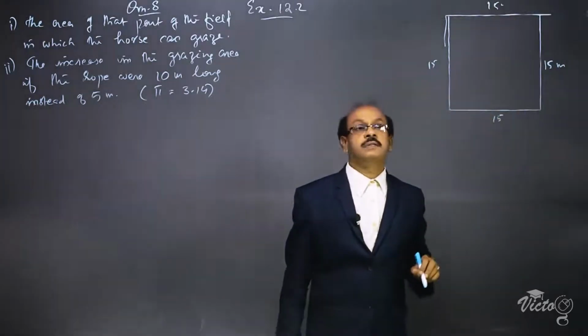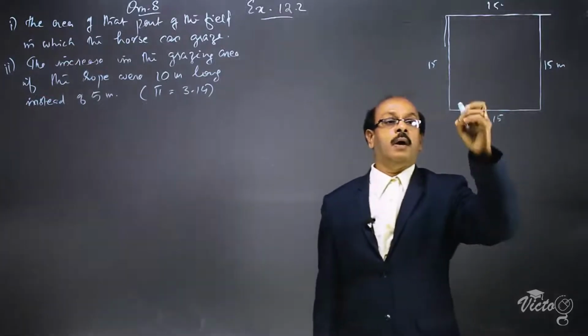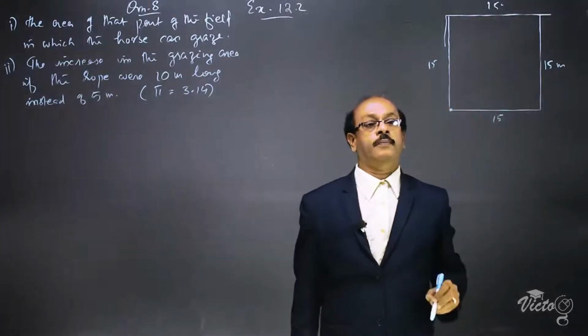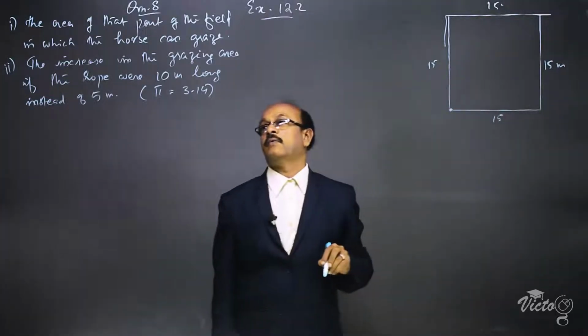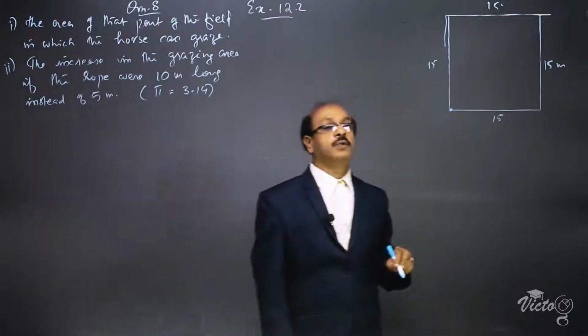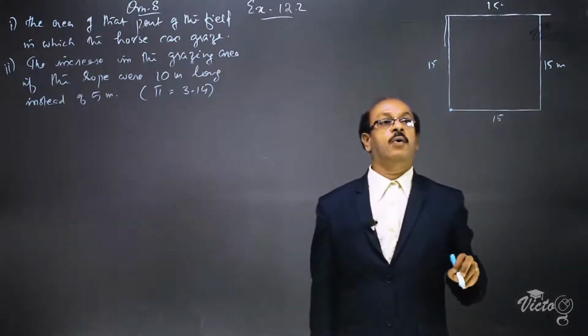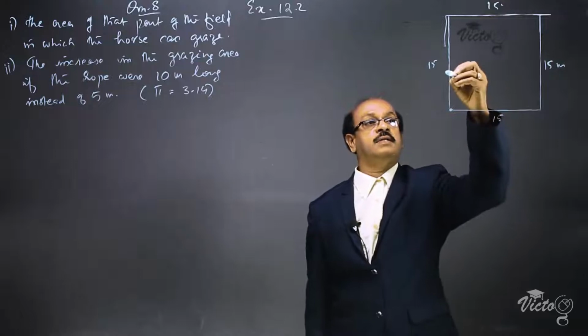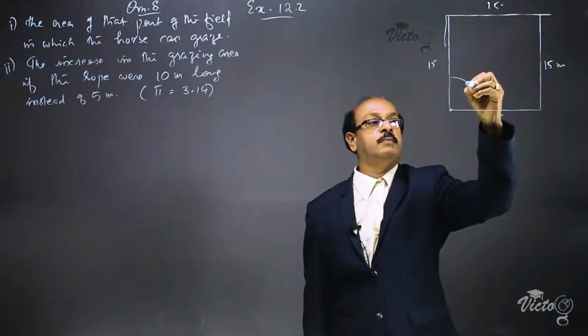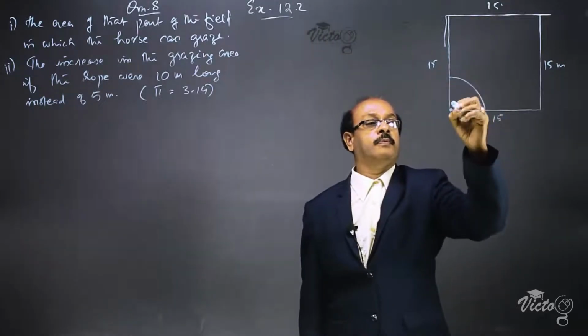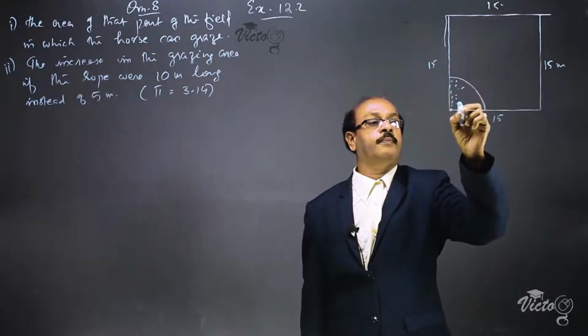A horse is tied by a rope at a corner, this corner. In the first part, it is given that the length of the rope is 5 meter. Now, the horse can graze this much of area. This is the grazing area.